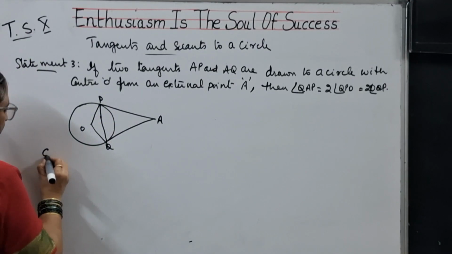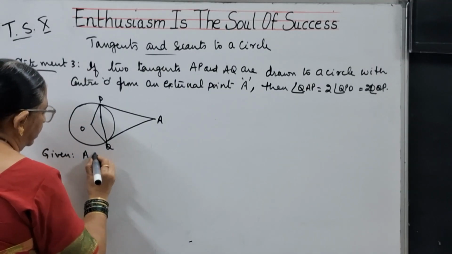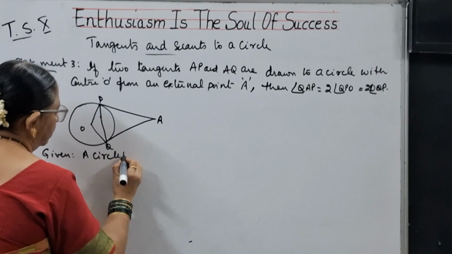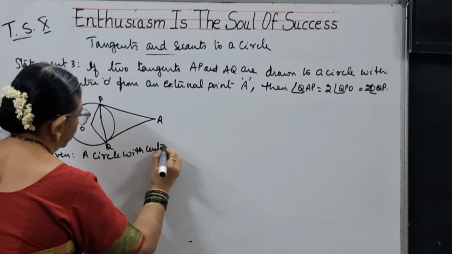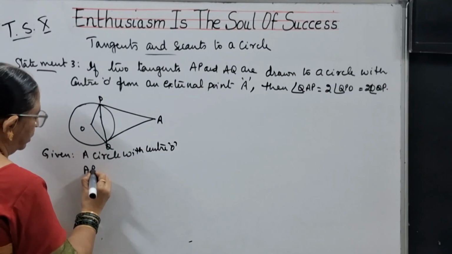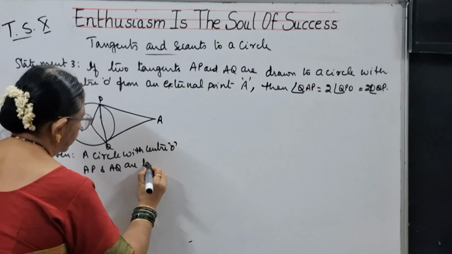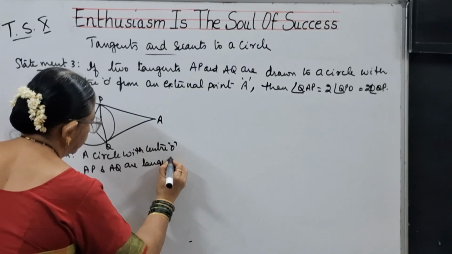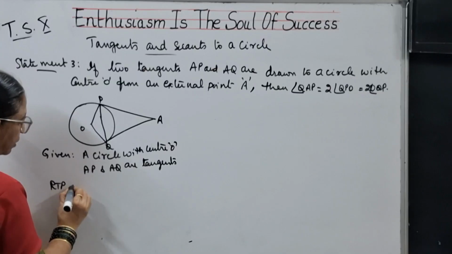So now what is given to us? A circle with center O and AP and AQ are tangents. This is given to you. Now, what is RTP?